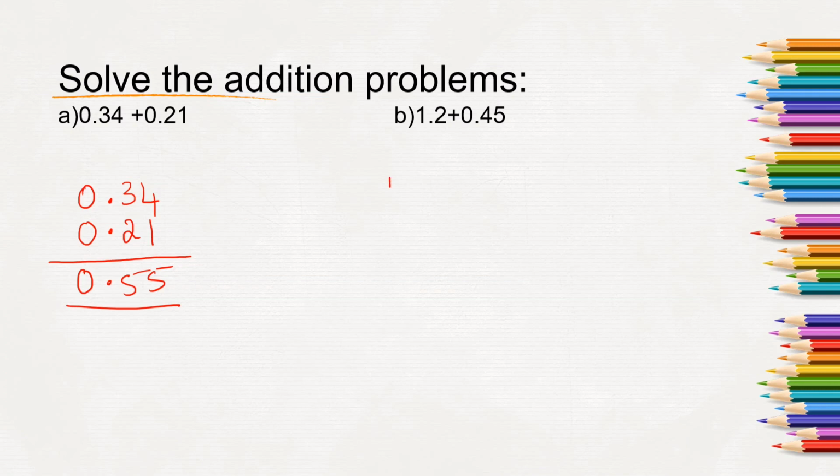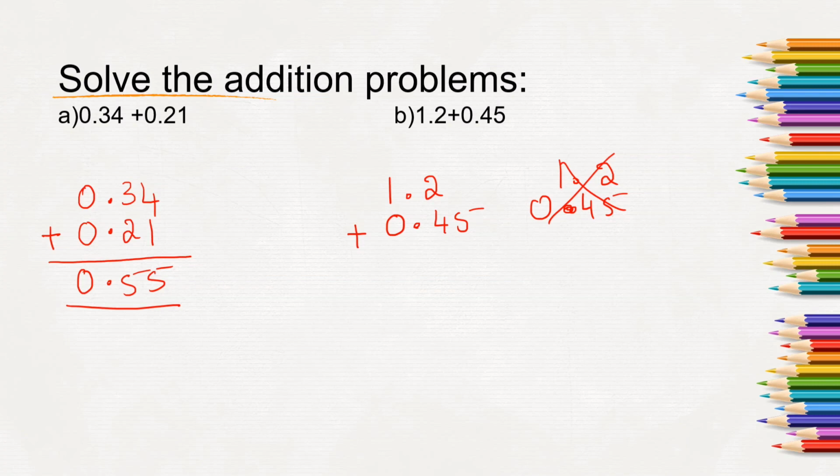Similarly, 1.2 plus 0.45. We have to write the plus sign. You can't write 1.2 and then somewhere else 0.45. If you write like this, your whole answer will be wrong.